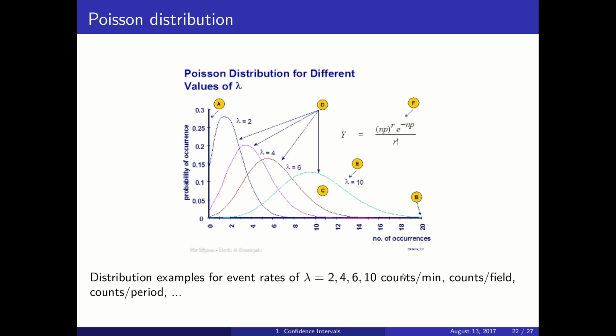This "per" is very important. It is how many counts per unit time, or per unit area, or per unit whatever. For very low rates, it is a rather asymmetric distribution. But as long as the rate is large enough, it starts becoming more and more symmetric, and it looks more like a Gaussian eventually.